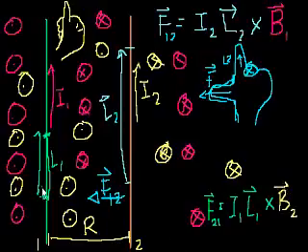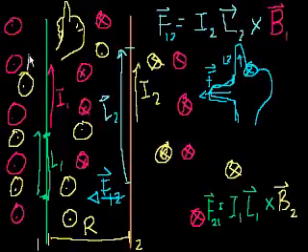And so we can do the same cross product here. Put our index finger in the direction of L1, right? That's what you do with the first element of the cross product. And then you put your middle finger in the direction of B2, and then your thumb is going to tell you what the net force is going to be. So let me draw that.